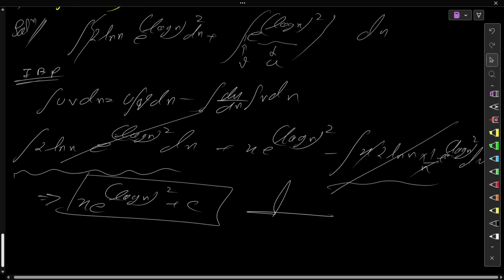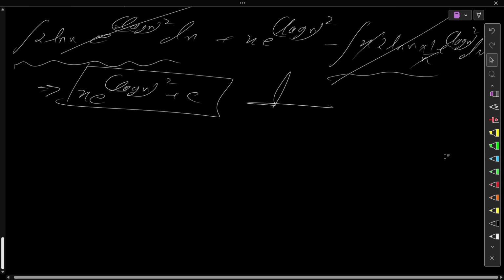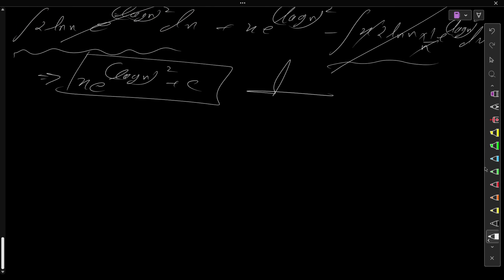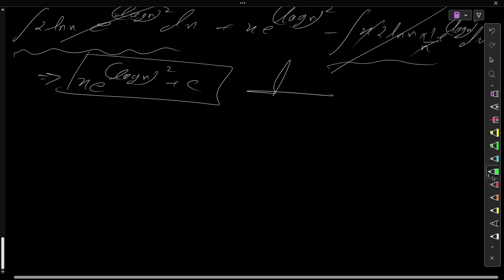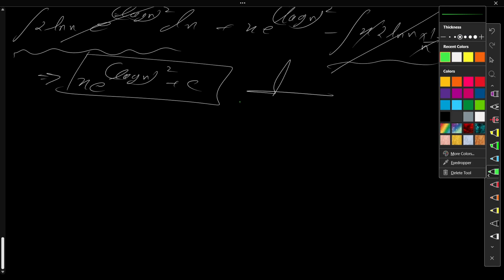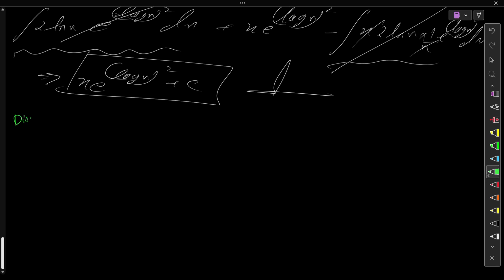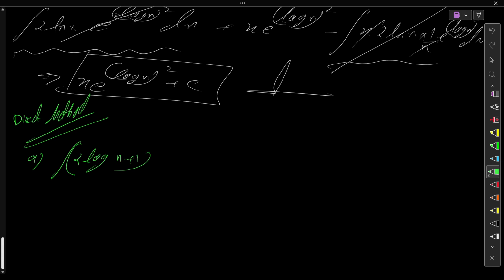Or else, we can also do it directly using observation. How can we do it using observation? Let us look at it. There's a direct method also, and it depends on whether it strikes you or not. The direct method is the integration of (2 log x + 1) e to the power of (log x) whole square dx.